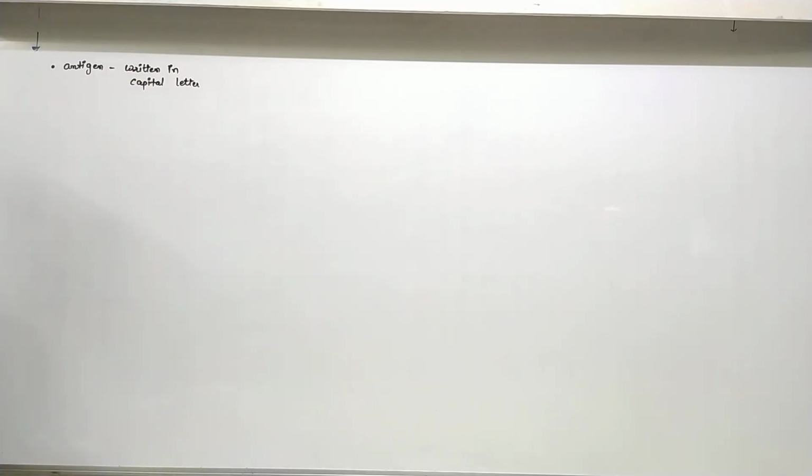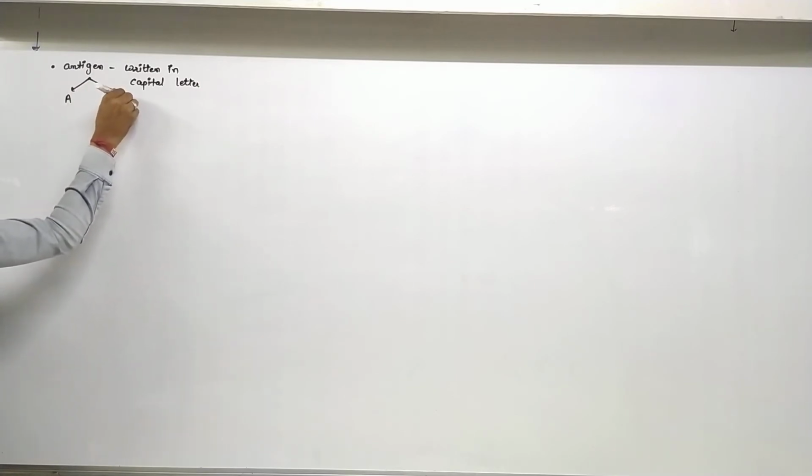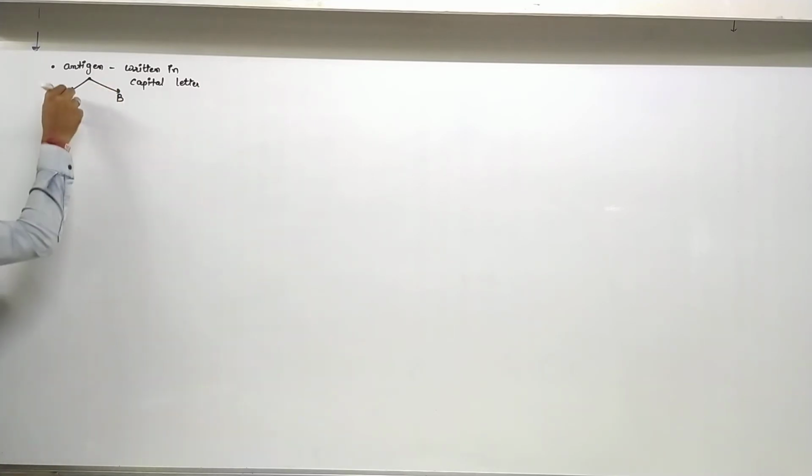Antigen is written in capital letters. So antigens are two: antigen A, antigen B. Fine.